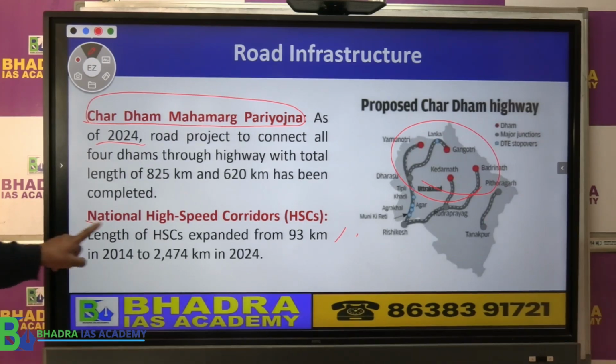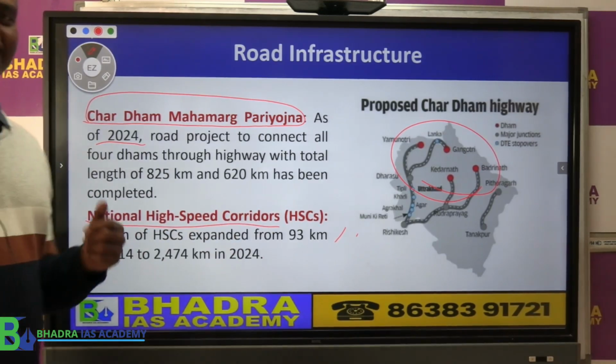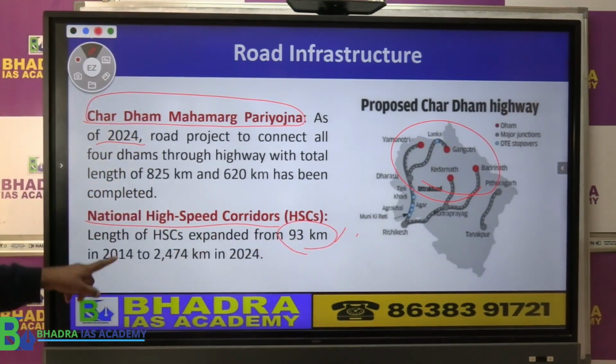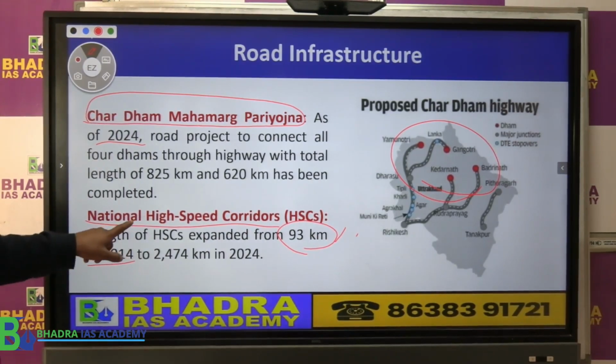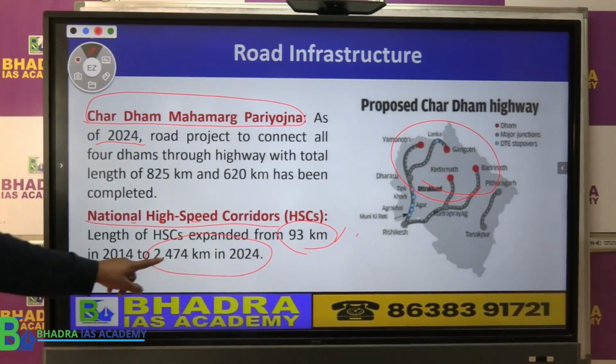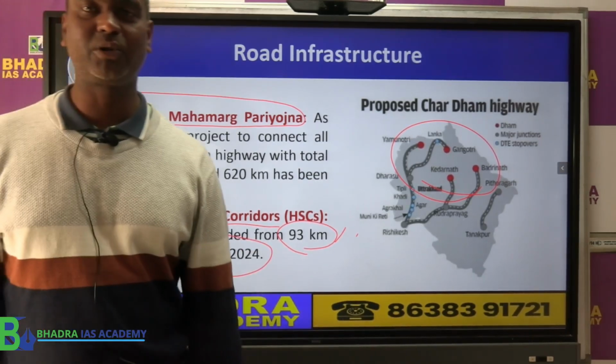Then the National High Speed Corridor, also very interesting. Ten years ago, in 2014, according to the economic survey, we had only 93 kilometers. Today it has come to 2,474 kilometers.